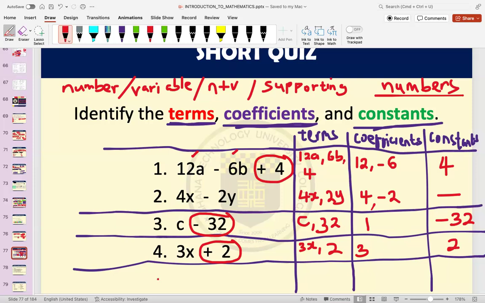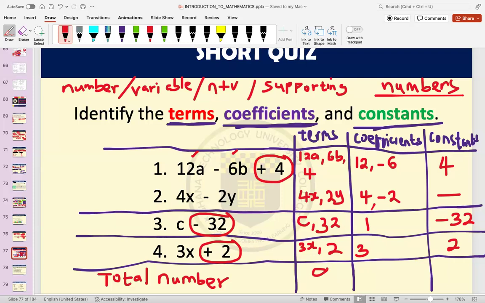So if you ask me to now record the total number of terms, coefficients, and constants, this is what you do. The total number of terms for all the 4 expressions, we count them as 1, 2, 3, 4, 5, 6, 7, 8, 9.